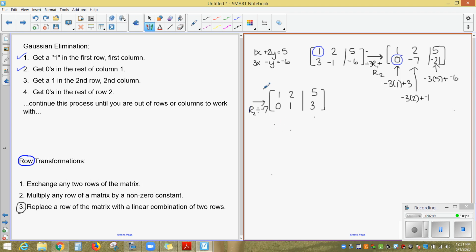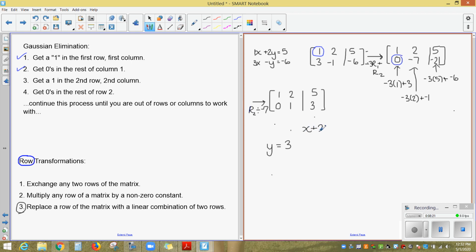Now from here, we do what's called back substitution, which means we start on the bottom row and we turn that row back into an equation. So these were our x coefficients and our y coefficients, and this was our constant. That bottom row now says we have 0 x's plus 1 y equals 3.